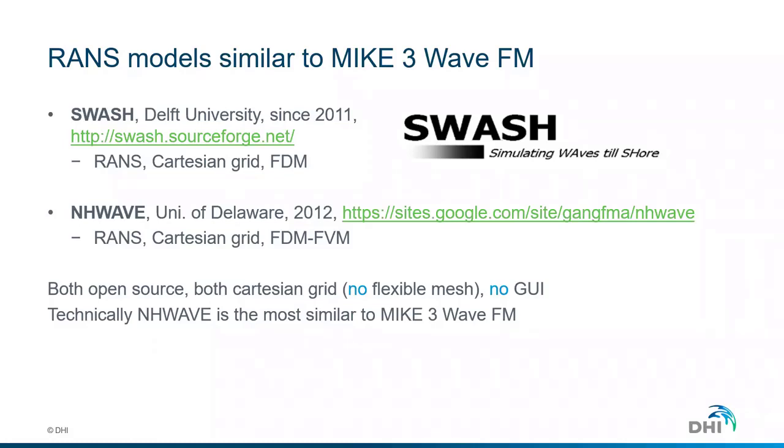I would say that the NHWAVE model is the one most similar in implementation to MIKE 3 Wave FM. They are quite similar in their descriptions of the surface elevation and the projection method, but they vary on other aspects. And for the interested listener, you can check these out.